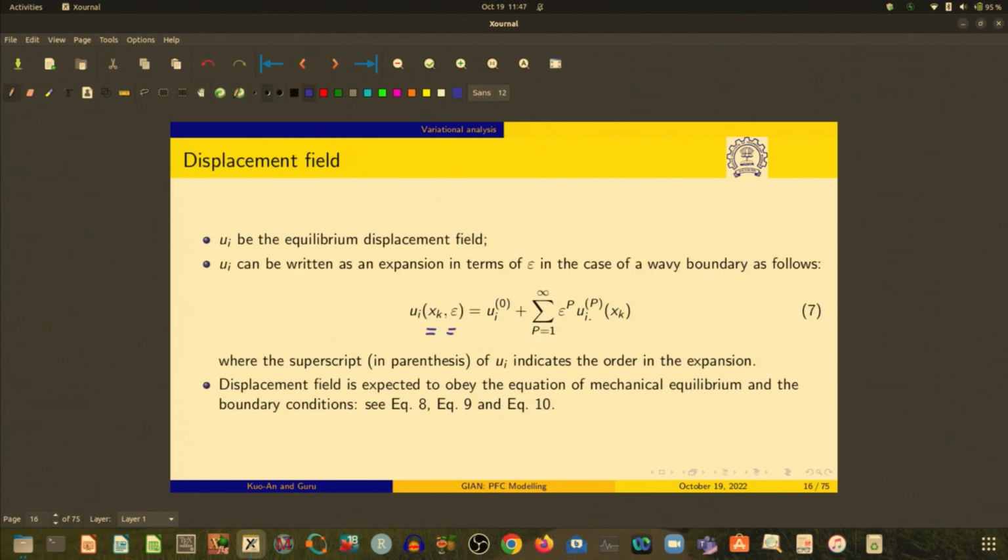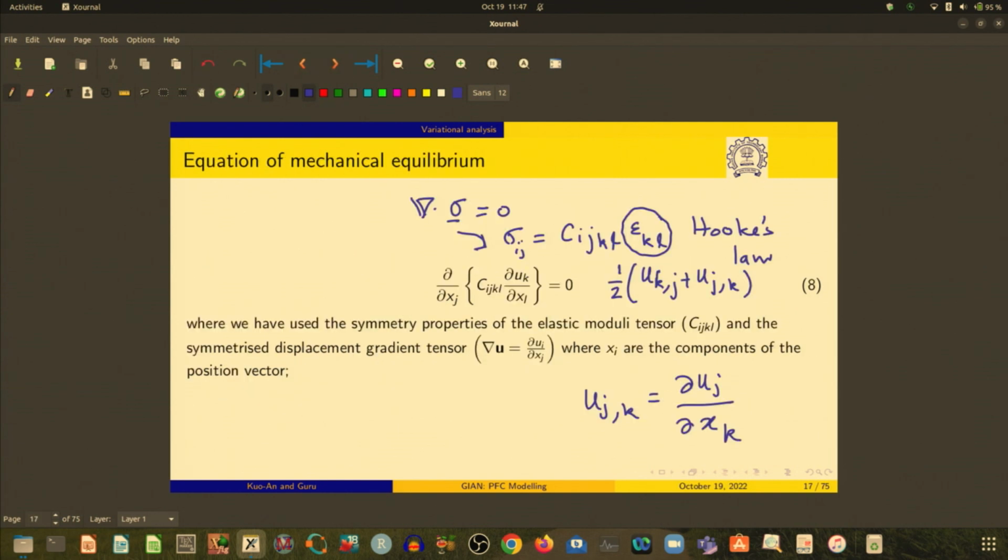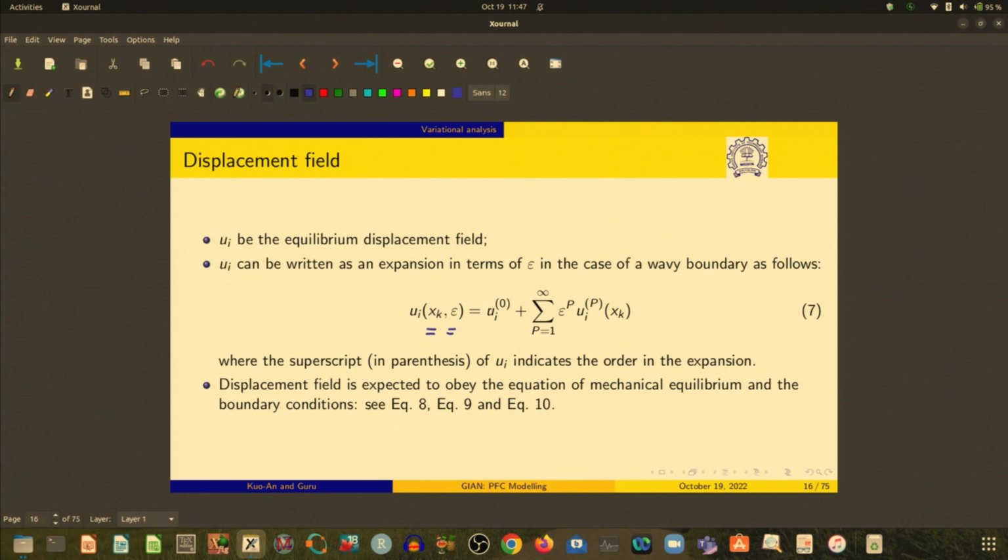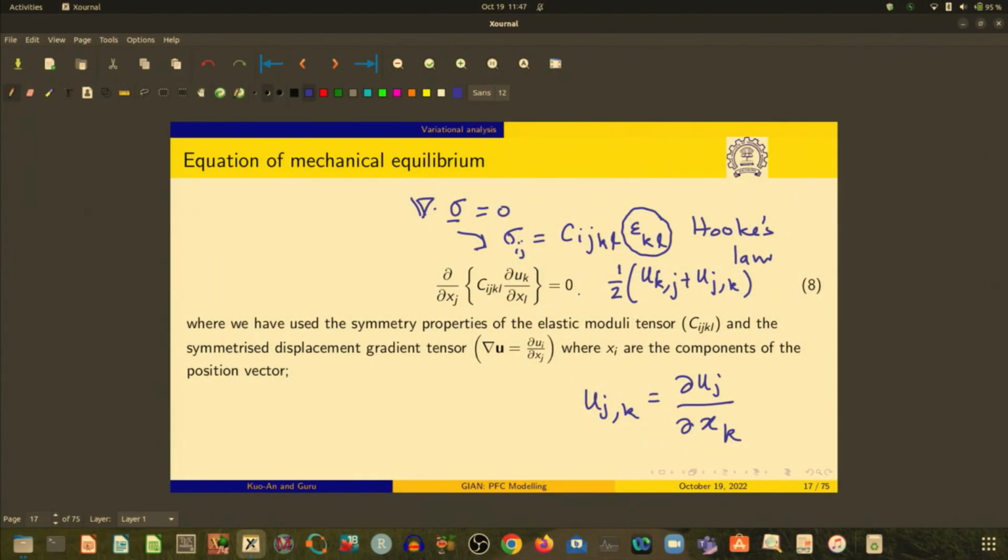Now, if I substitute this u_i in the equation of mechanical equilibrium, because one side is 0, look at the first term, that is a constant anyway. So, you take the gradient, it will be 0, right, and you take the gradient of these, epsilon is a disturbance parameter. So, you will have epsilon to the power 1, 2, 3 etc., and there are no powers of epsilon on the other side.